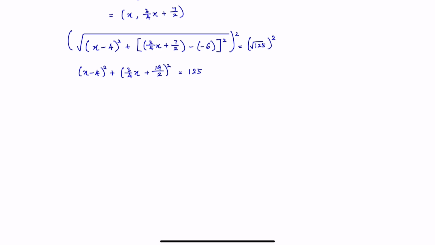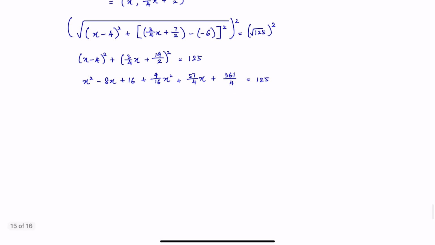So now we expand the brackets. We have x squared minus 8x plus 16 plus 9 over 16 x squared plus 57 over 4 x plus 361 over 4 equals 125.